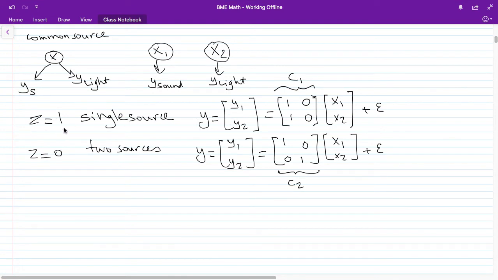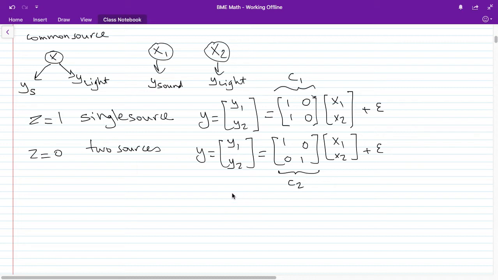Under some probabilistic scenario, I have a single source. What I'm getting is just one of these X1s. But under some other conditions, just probabilistically, I could be measuring this. And I don't know what is the correct generative model. Perhaps it's a combination of these two.